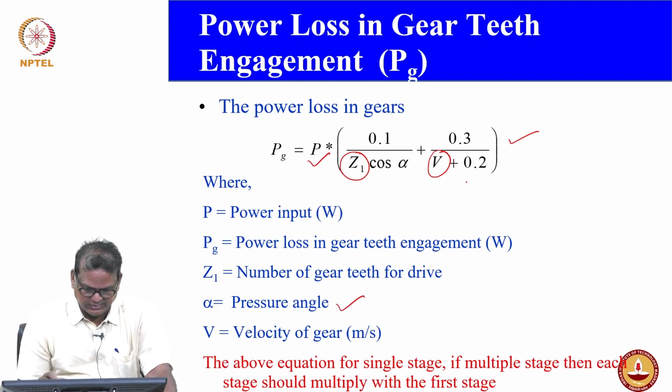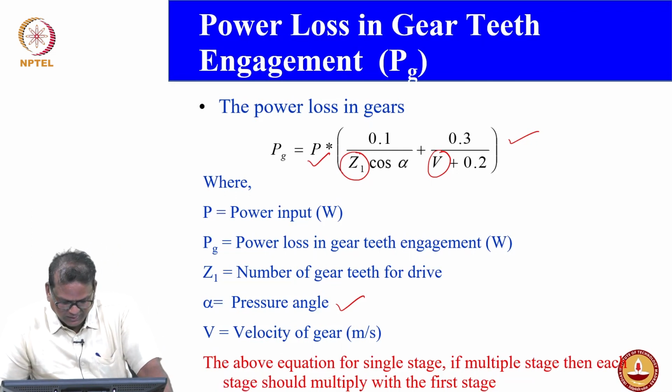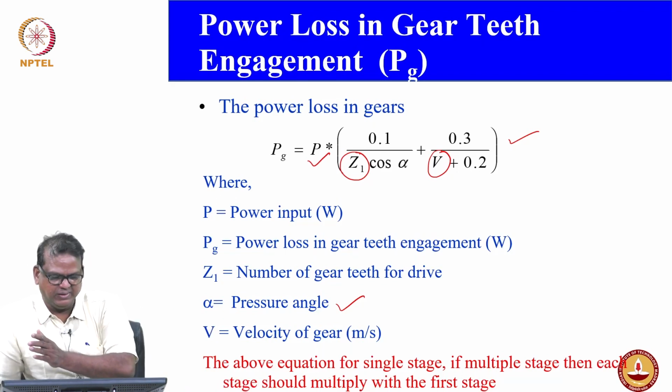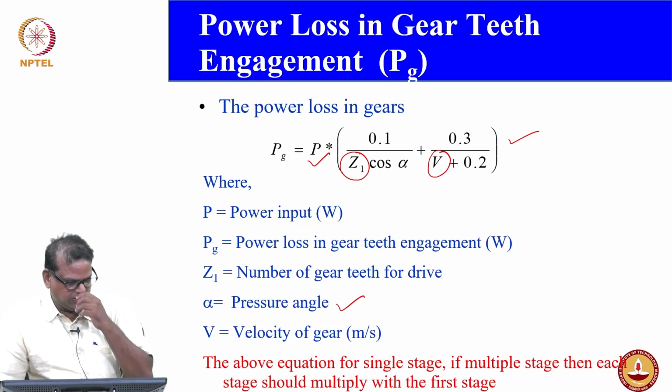This is the above equation for a single stage. If multiple stages, then each stage should be multiplied with the first stage, so that you will have cumulative power loss. Okay.